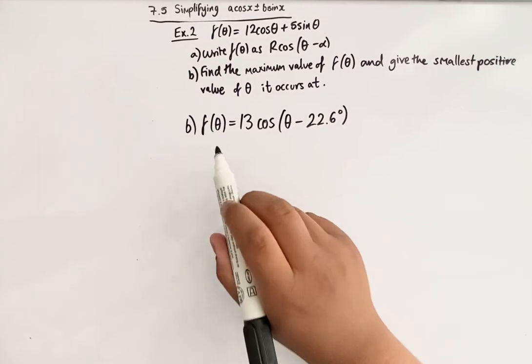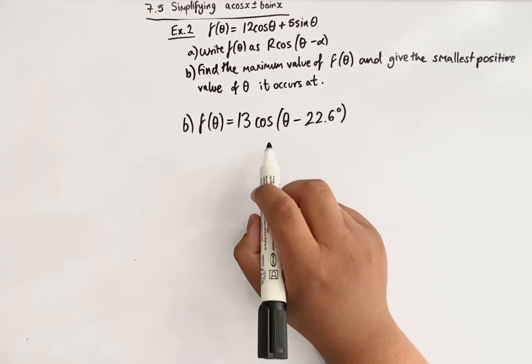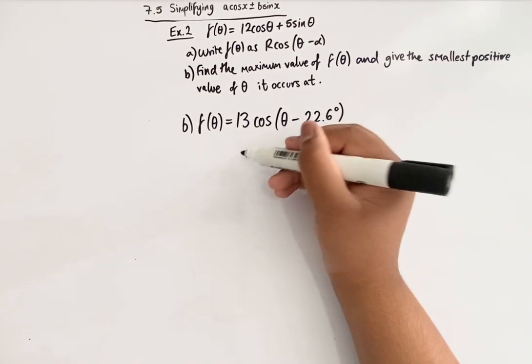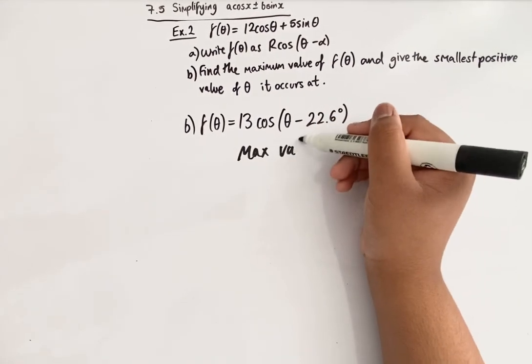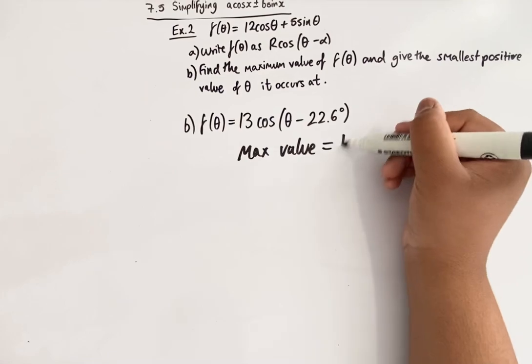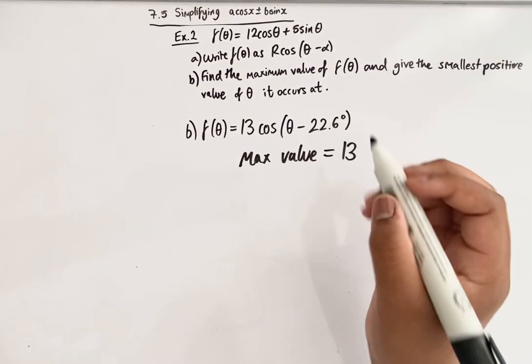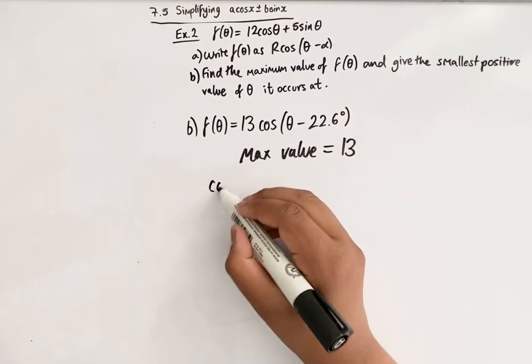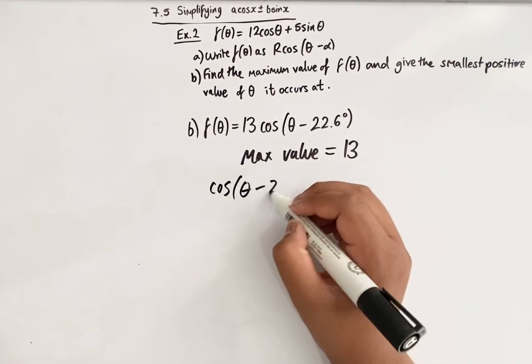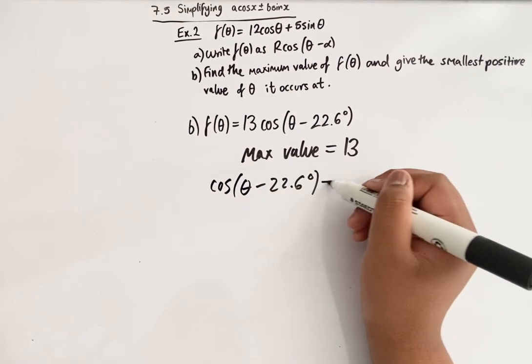For part B, the max value of f theta, or 13 cos of theta minus 22.6, the max value will just be 13. It will be the coefficient, when cos of whatever this is equal to 1. It happens when cos of theta minus 22.6 degrees is equal to 1.